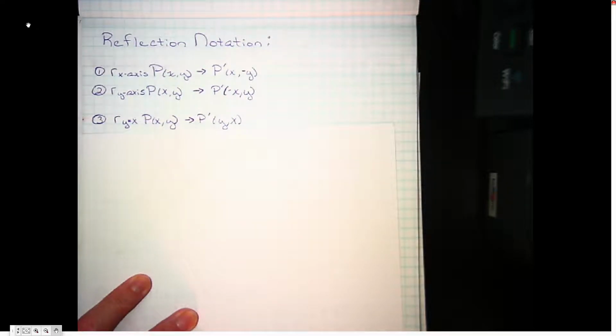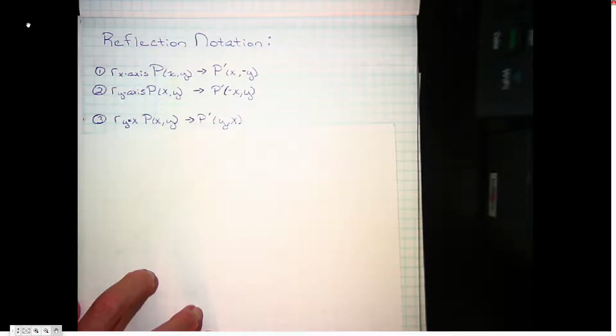Okay, if you see a notation like this, this says I want to reflect point xy across y equals x. Y equals x is a standard notation for a diagonal, the diagonal that cuts right through the coordinate plane in the first and the third quadrant.